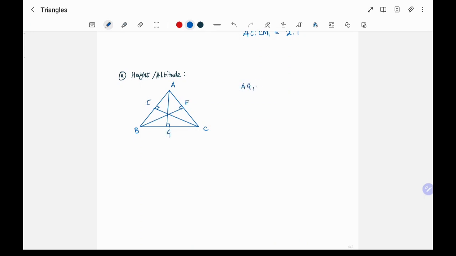So AG, BF and CE are heights of the triangle ABC. So it is nothing but the perpendicular drawn from any vertex to its opposite side.